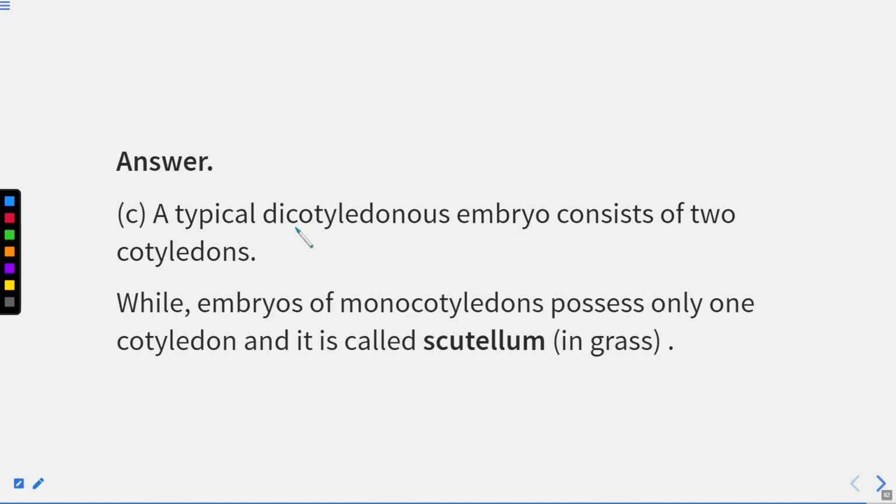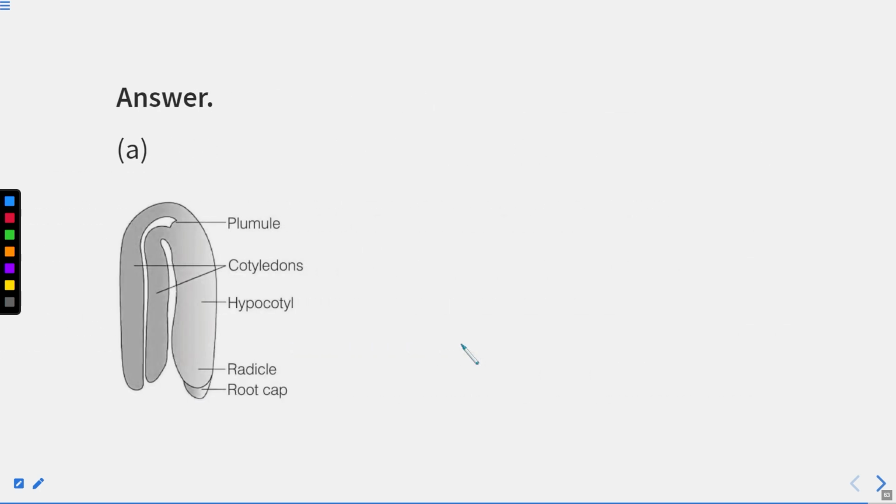While the embryo of a monocot possesses only one cotyledon, which is known as the scutellum. So this is the first cotyledon, and another, more rudimentary cotyledon is known as epiblast.